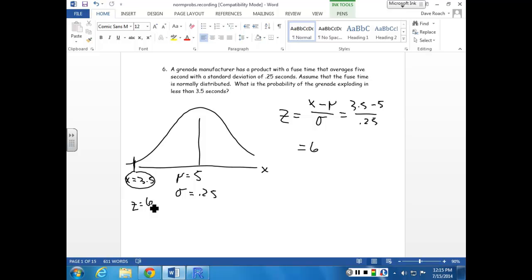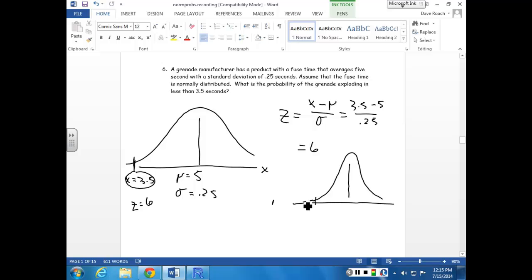So getting 6 standard deviations away is really just not going to happen very often. In fact, if we drew this to scale, that's about 3 standard deviations. 6 standard deviations is down here.